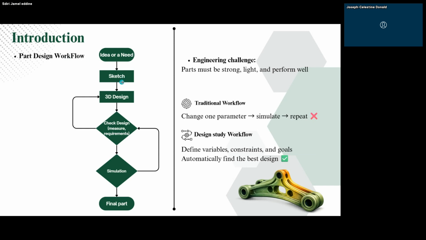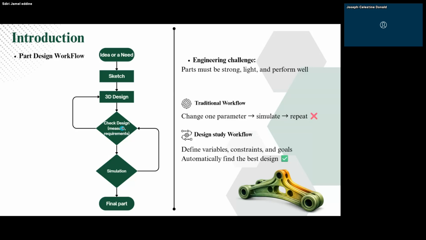Then we will move on to 3D modeling, start creating our part, start making the measurements to fit properly in an assembly, or if it's a new project, start preparing the bill of materials, start preparing every need of the 3D model part.